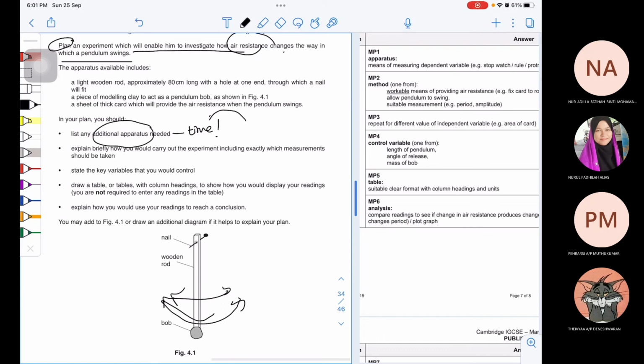Ini adalah physical quantity dia. So, what is the apparatus? It's the stopwatch. So, macam mana you carry out the experiment? Again, kat sini, MV. How do you control MV? Macam mana you sediakan air resistance tu?